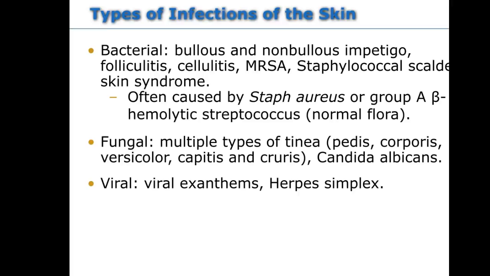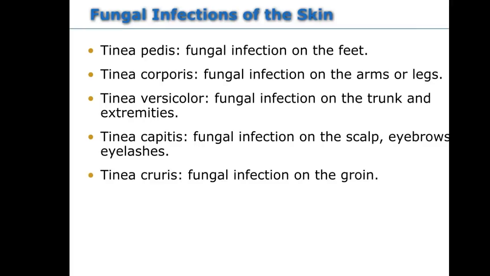Fungal infections, tinea. There's lots of tineas. We'll talk about each one of those. Yeast is also a fungal infection. And then viral infections like viral exanthems, rashes from viral illnesses, or herpes simplex is a viral infection as well.